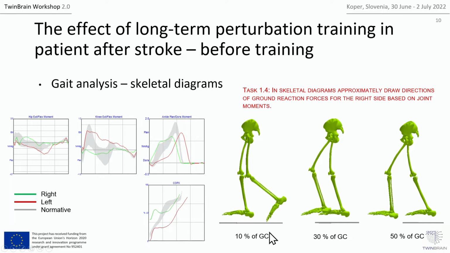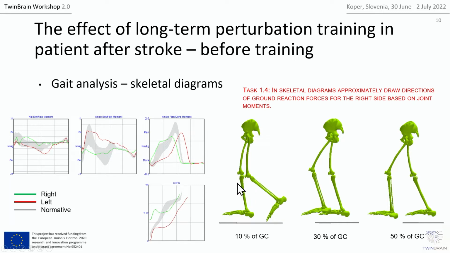So the first position represents approximately 10% of the gait cycle. If you remember from the previous talk, we said that the muscles have to generate a joint moment that would counteract the effect of the ground reaction force. So for example, if we have a plantar flexor moment in the ankle joint, this means that the plantar flexors on the posterior side of the ankle joint are active.